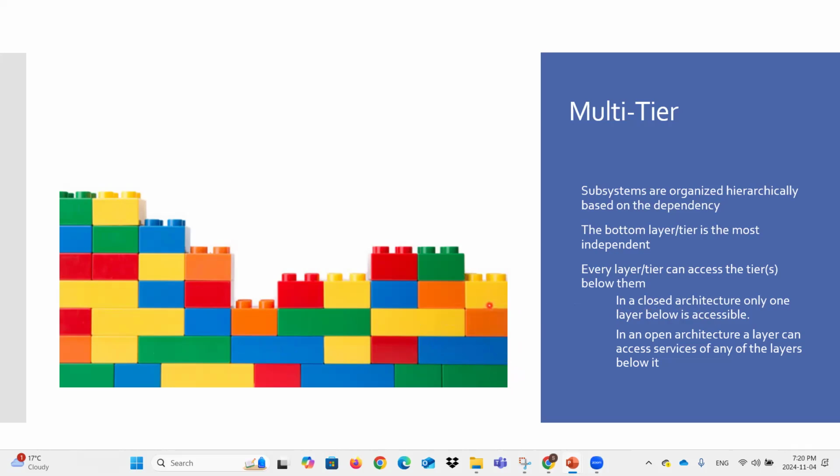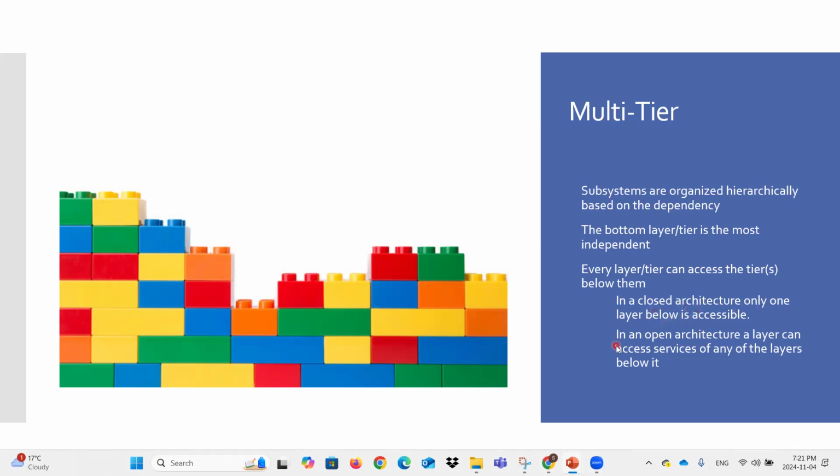The fourth layer can only access the services or the classes provided by the third, not the second, not the first. It cannot access them directly. So if a service from the first or second layer is needed in the fourth, then a service in the third needs to provide this intermediate access. This is the closed architecture.